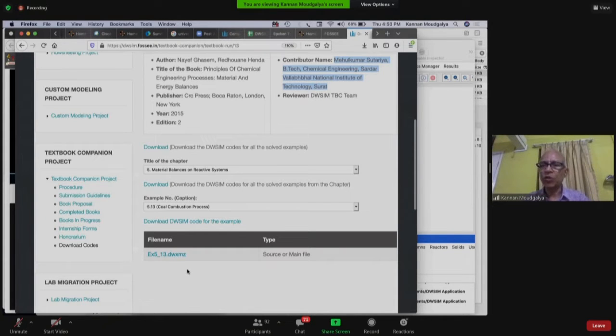This is especially useful for teachers, because you may want to do what-if analysis. You may be teaching material and energy balances, and you may want to take one of the examples, change a few things and recalculate. We have already calculated and given it to you, and you can feel free to use them in your classes.